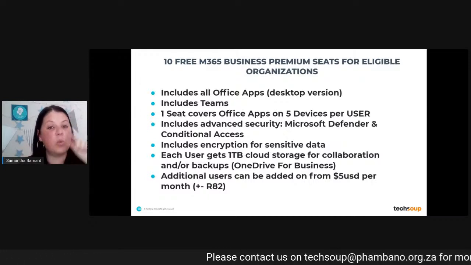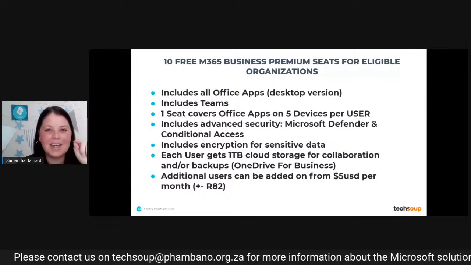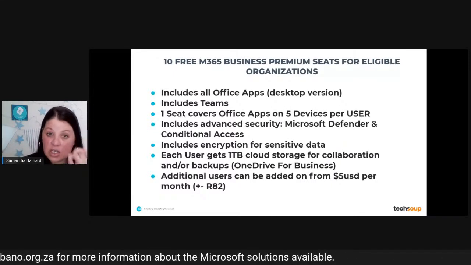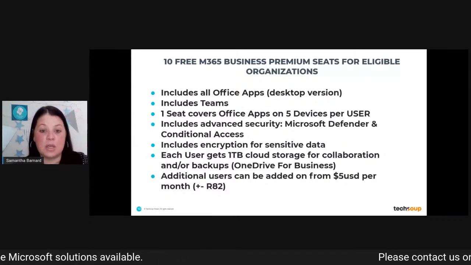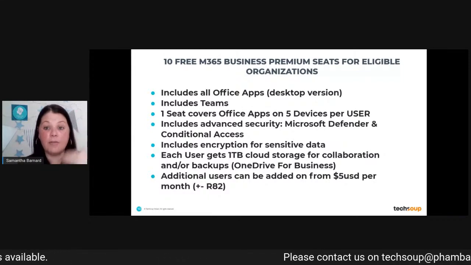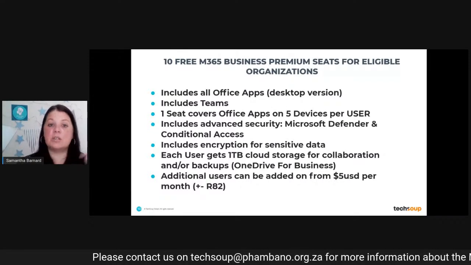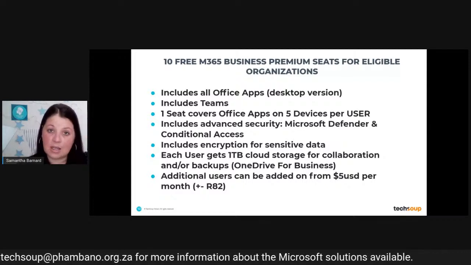One seat, which means one license. Well, not out of the 10. One seat equals one license, and you can apply for 10 seats. But each seat covers Office apps on 5 devices per user. So if I apply for this license as Pombano and we receive 10, me, which is sam@pombano.org.za, I will be classified as one seat.